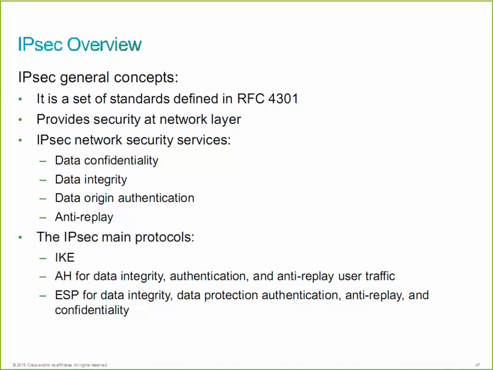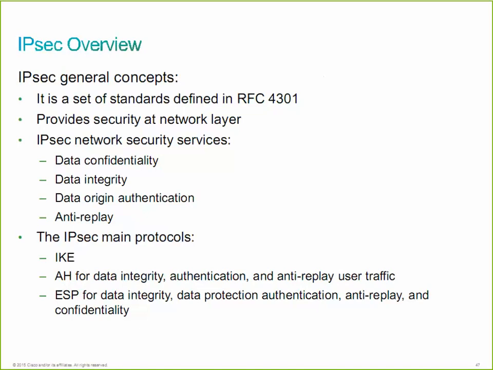All of these services are being provided at the IP layer, which protects not only the IP layer, but also all of the upper layer protocols as well. It enables a system to select security protocols, to define what algorithms we're going to use. It negotiates cryptographic keys that are required to provide the requested services that we're trying to transport across this IPSec enabled configuration.